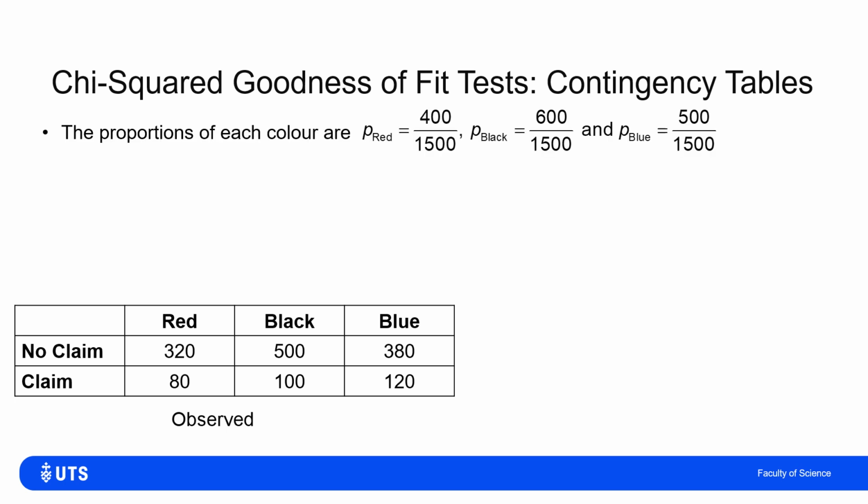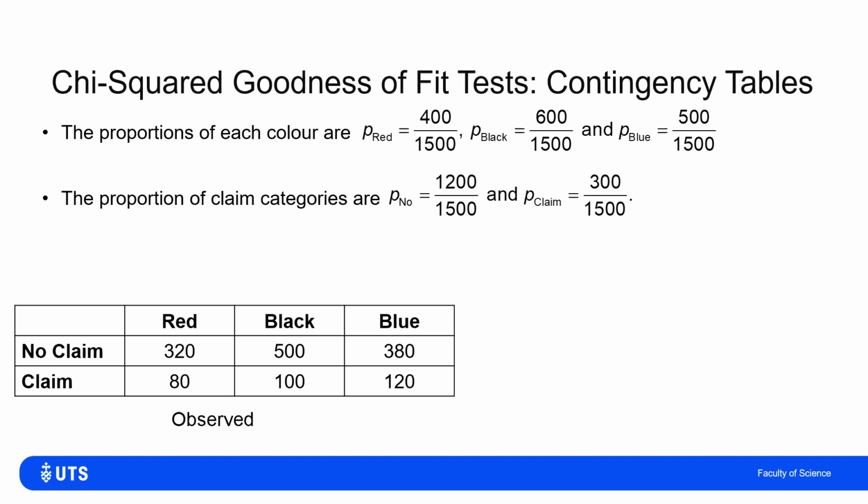So I need to work out the proportion of cars in my sample of each colour. 400 of the 1500 cars were red, 600 of the 1500 were black, and 500 of the 1500 blue. Similarly, for the claim categories, 1200 of the 1500 did not claim, and 300 of the 1500 did claim.